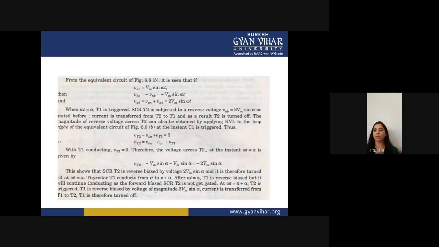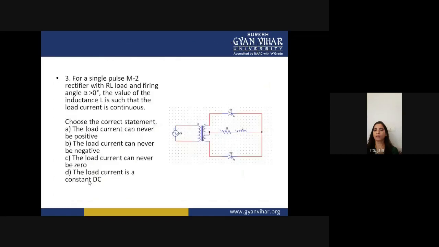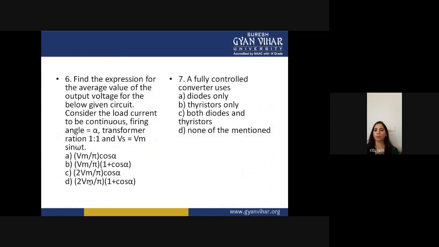It is not given here, but when you solve this equation for the midpoint converter, you will get 2 Vm upon pi cos alpha.